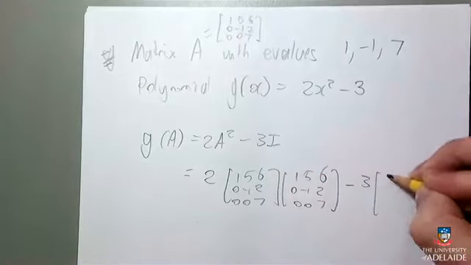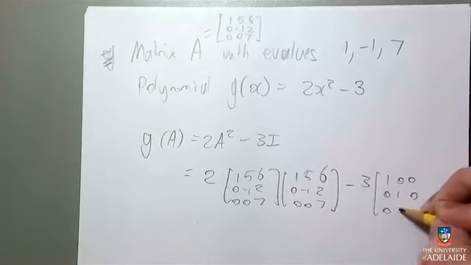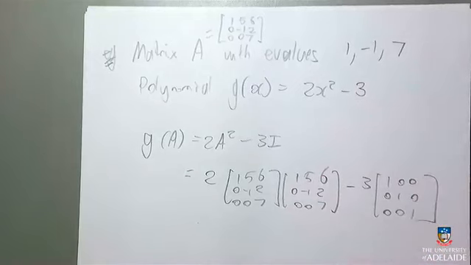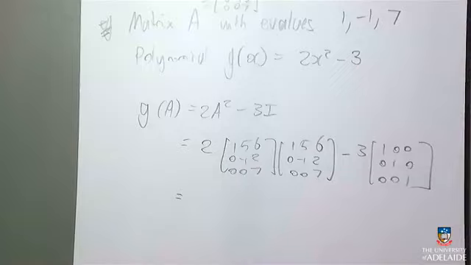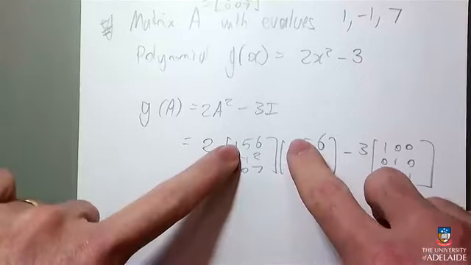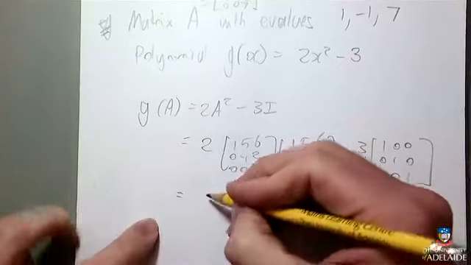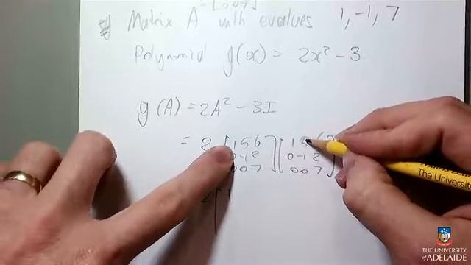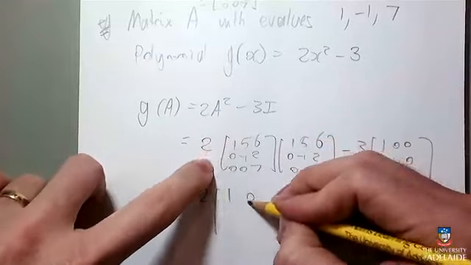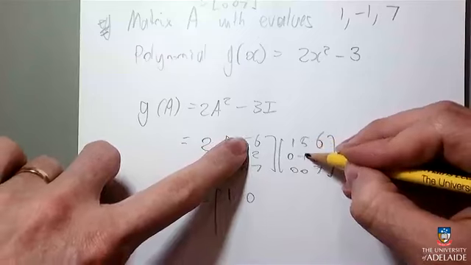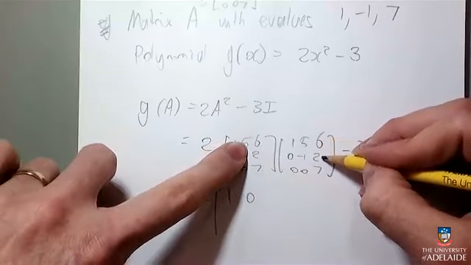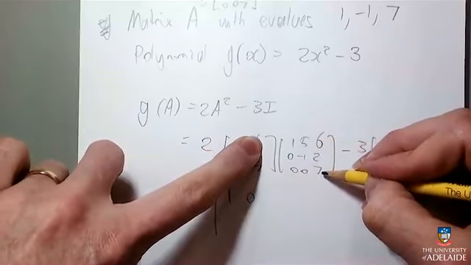That's 3 times I, like that, which would come out to whatever it comes out to. 1, 5, minus 5. Oh, interesting. 6 plus 10 plus 42. Oh my goodness. 6 plus 10 would be 16.